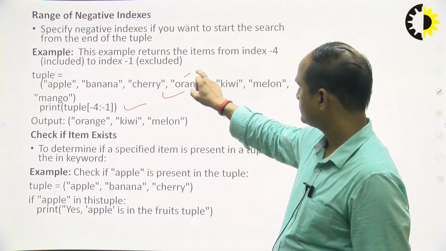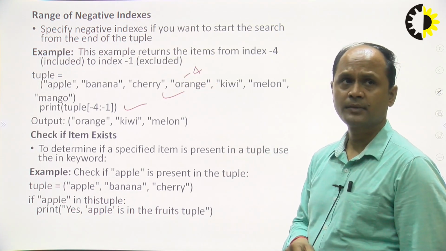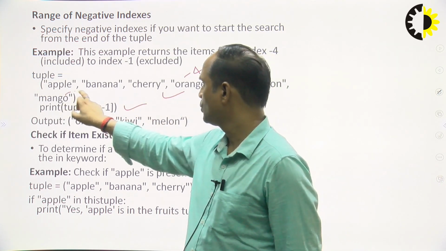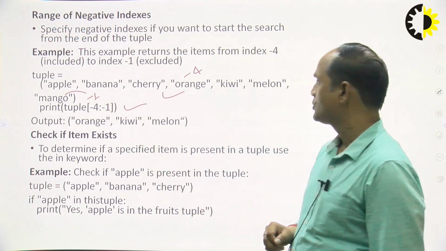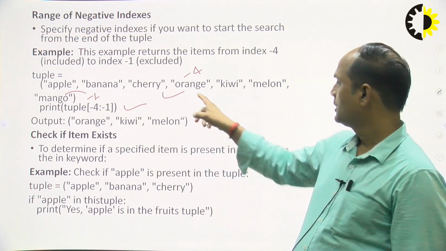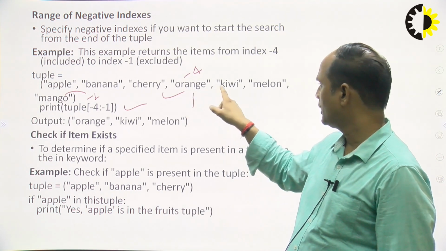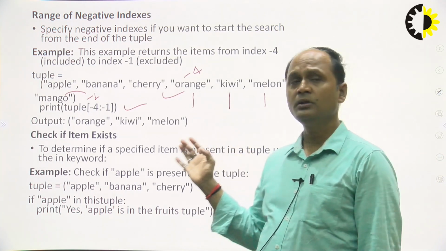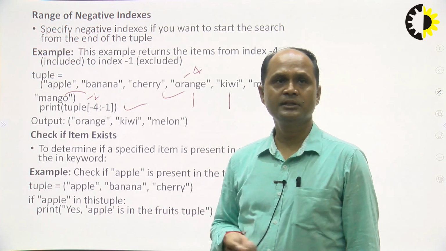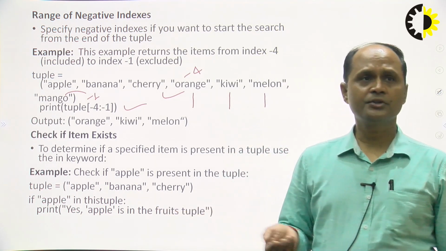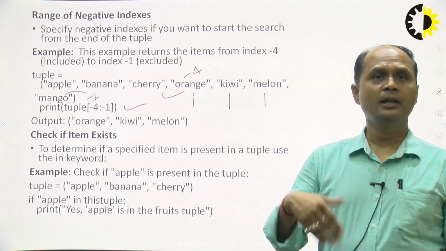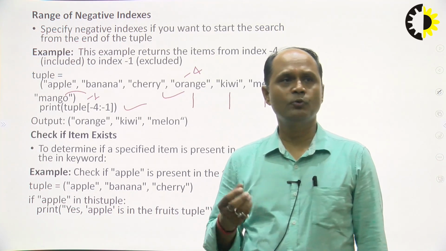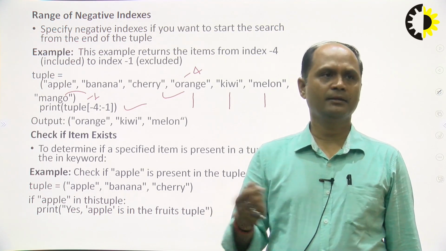That means this is the -4 index and this is the -1 index. So what is the output of this? This will print orange, kiwi and melon. We do not include the -1 index because of the property of the range function. We can exclude the last value of the range function, so it will give the output orange, kiwi and melon.